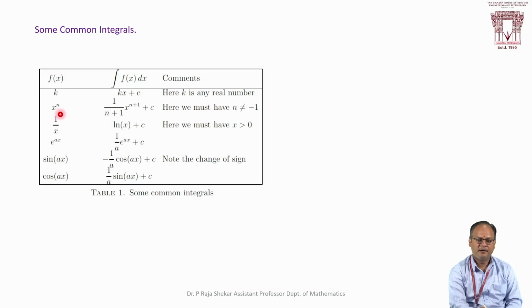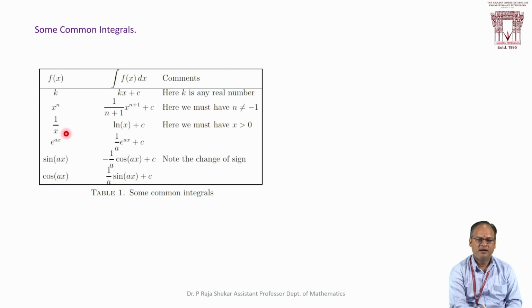When it is x to the power n, the integration is x to the power n plus 1 divided by n plus 1. As n plus 1 is in the denominator, it must not be equal to 0. That is possible only when n is not equal to minus 1.